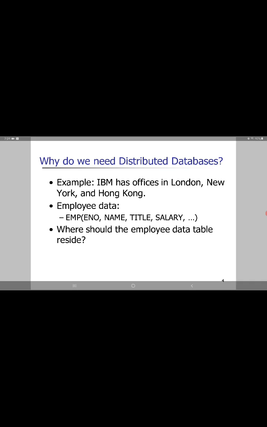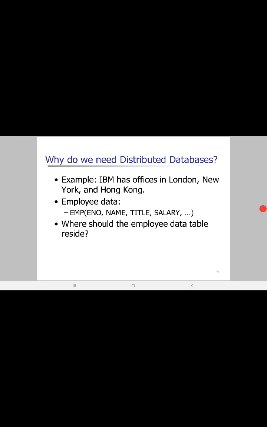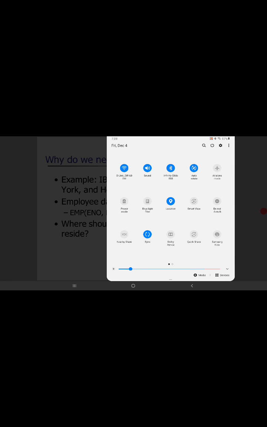The same database can be kept in multiple places, and it should be used like that. The same database can be accessed from a single place. That is the main theme or use of this distributed database concept.